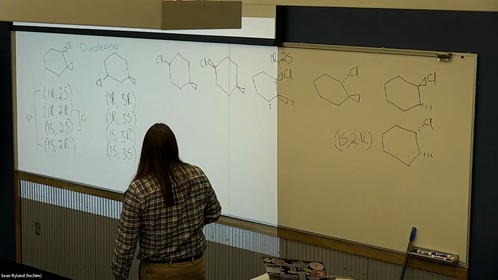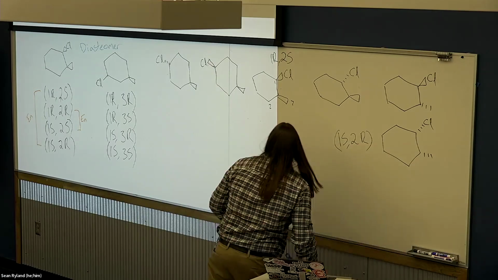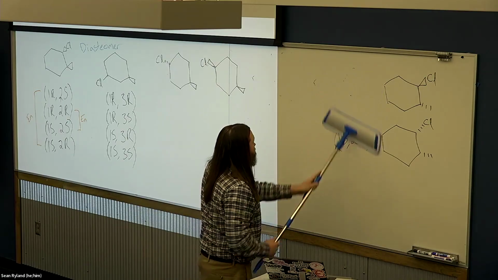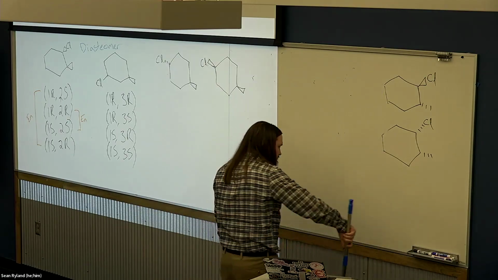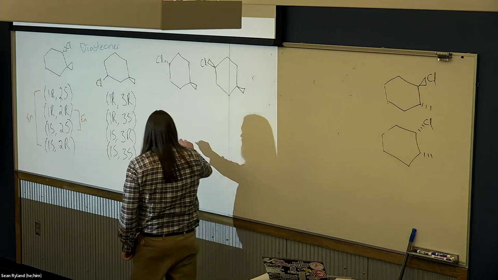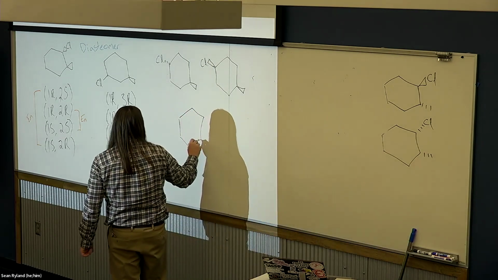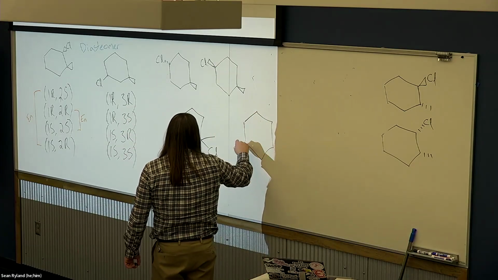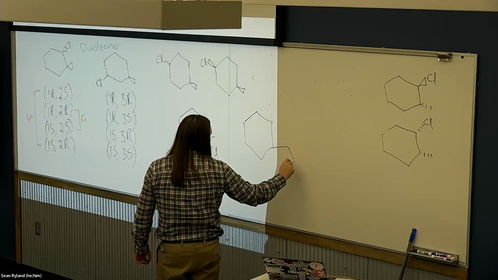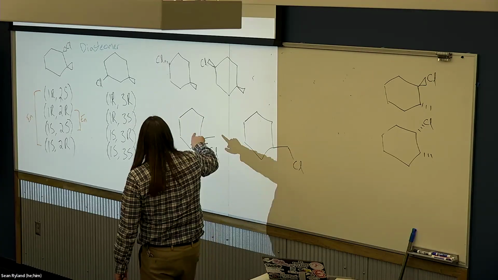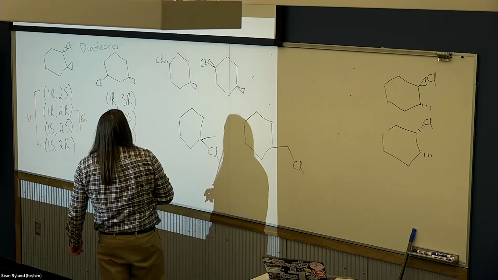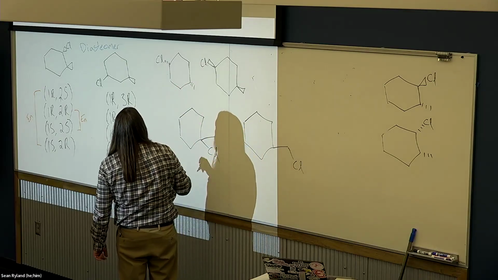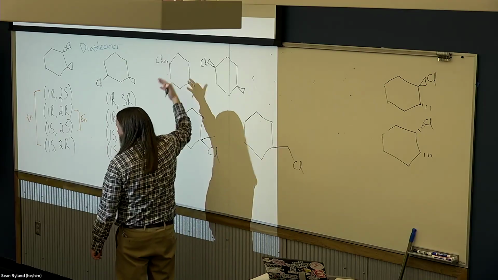So now we're up to 10. We can also do here. So for these ones, if we flip this methyl group so that it's down, that's the same as this one.